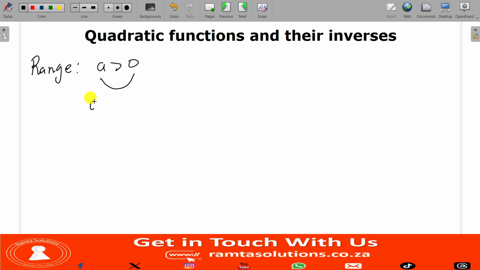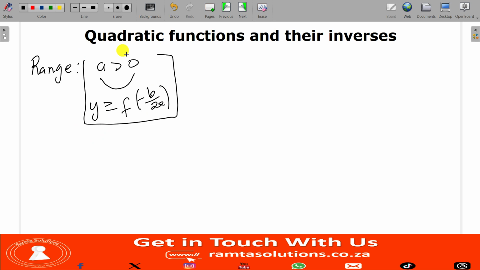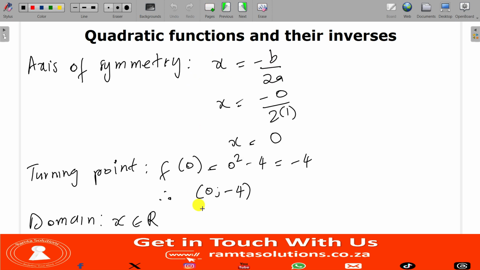So the range will be y is greater or equal to this guy here. And what was this guy here? This is a point that you know, right? So we are expecting y will be greater or equal to the y value of the turning point, which was negative 4. So our range will be y is greater or equal to negative 4.